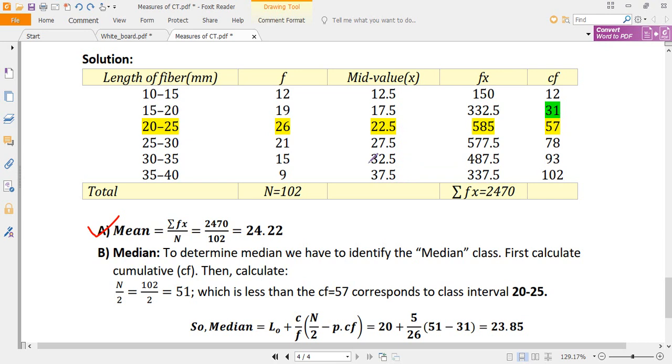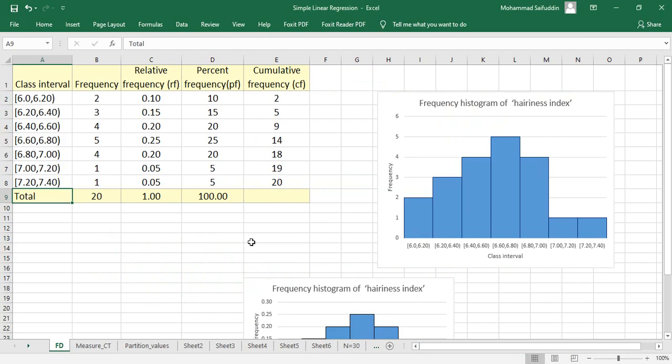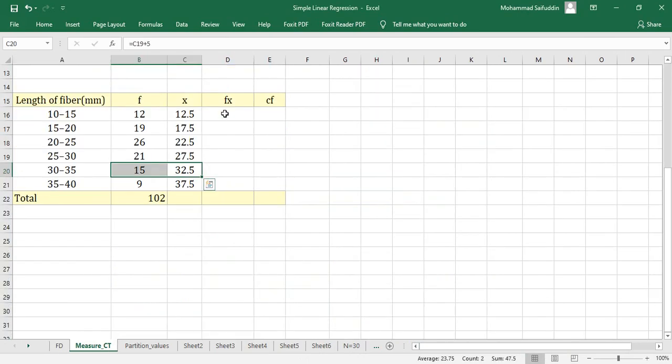To calculate the mean we have to find fx. So what is fx? Here we have to calculate fx, that is f into x. Here f is 12 and x is 12.5, and multiplying these two values we have 150. I show this calculation in this Excel sheet.